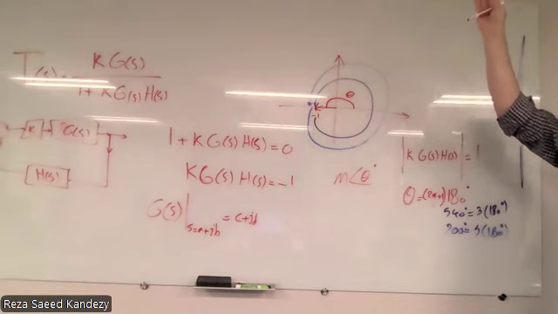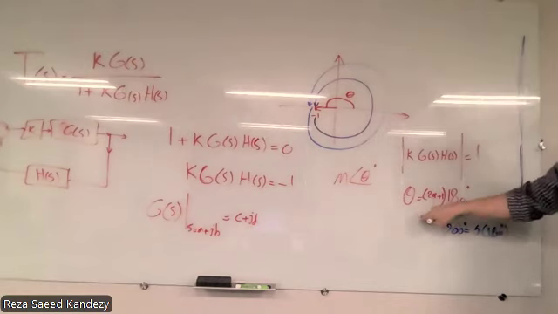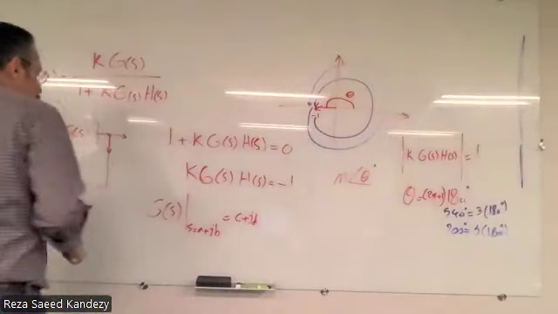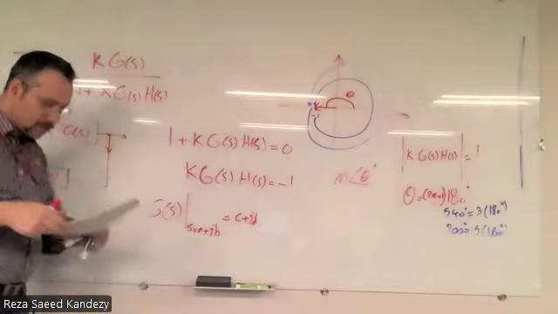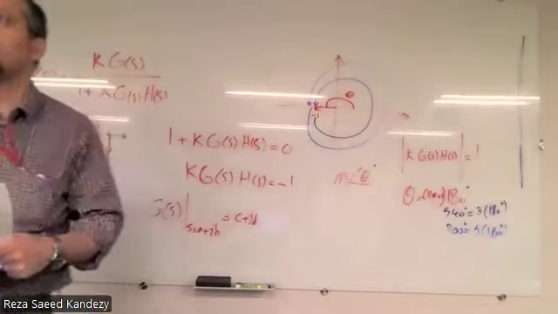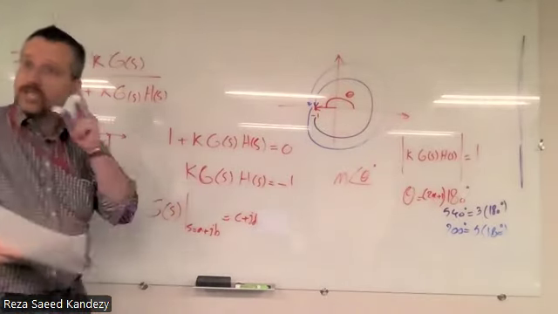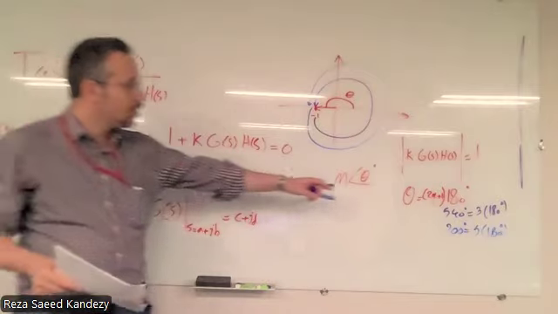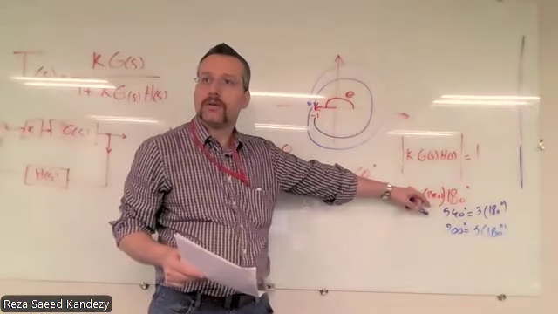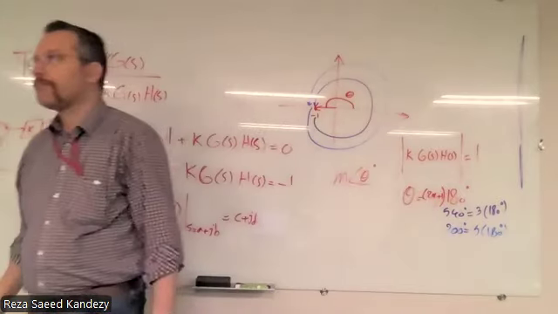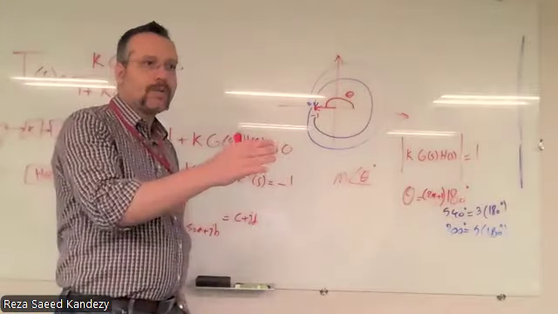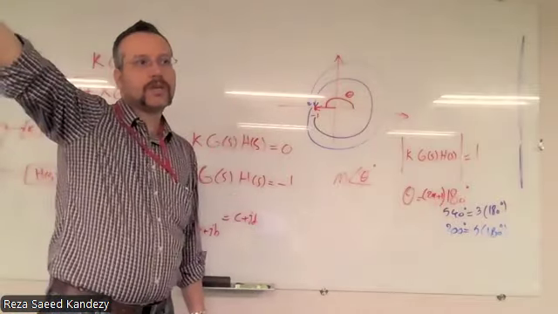Are we good? So now we can see that if we want to find the poles in our system, that means the theta on those S's should be an odd multiplication of 180. Alpha is a number from 0 to infinity.